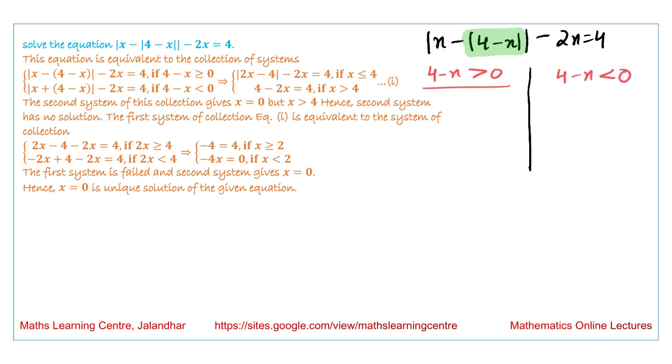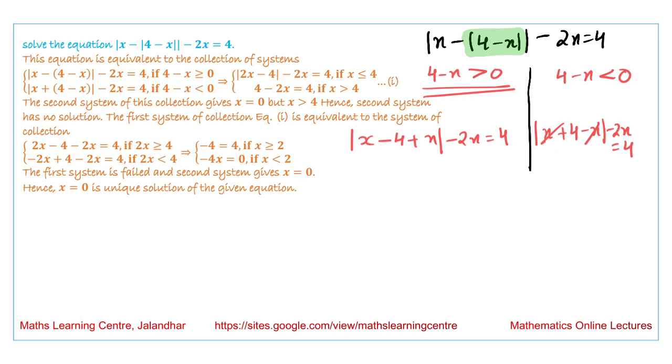When 4 − x is greater than 0, the equation becomes |x| − (4 − x) − 2x = 4, that is, x + 4 − x − 2x = 4. The x and x get cancelled.